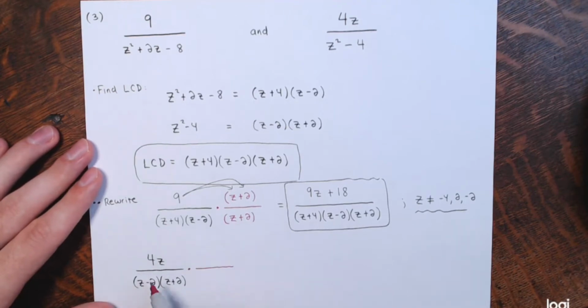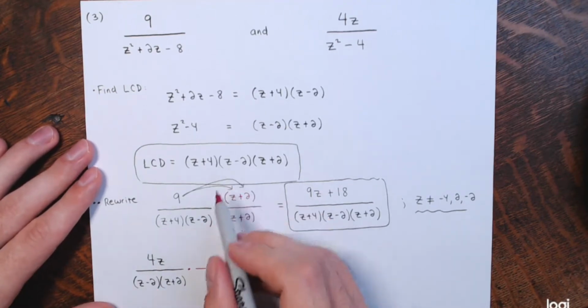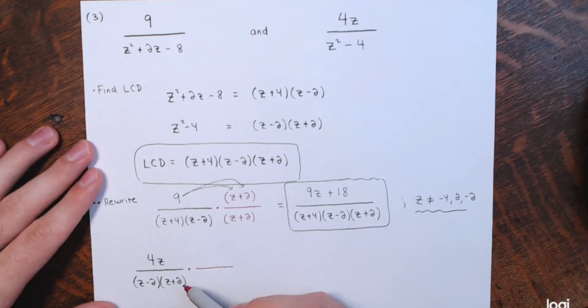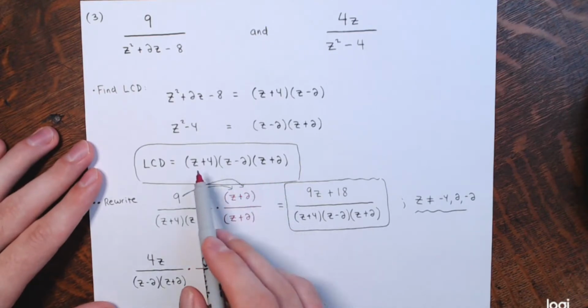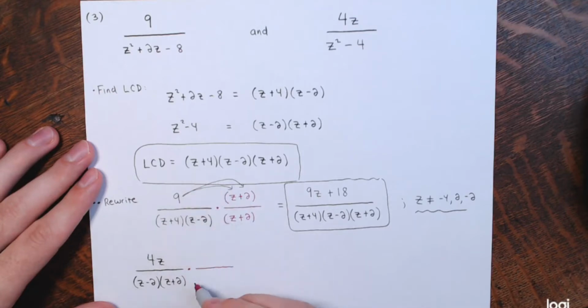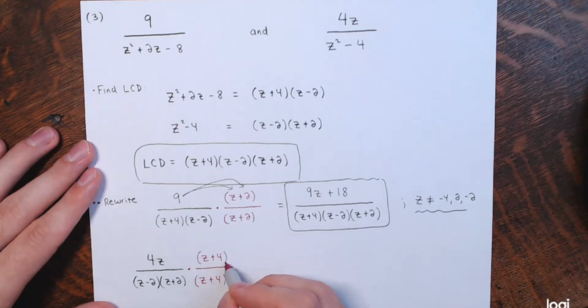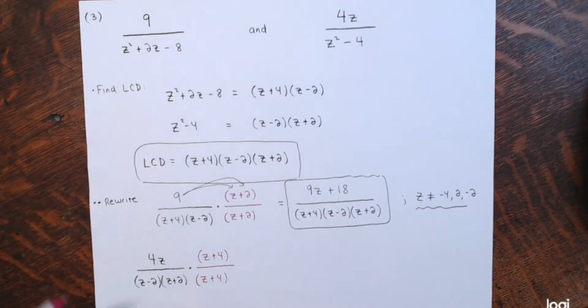Well, this denominator already has a factor of z minus 2, already has a factor of z plus 2. The only factor that's missing is z plus 4. So I multiply the denominator by the factor z plus 4, and I do the same to the numerator. Again, don't forget parentheses around this. You're multiplying by the entire factor, z plus 4.